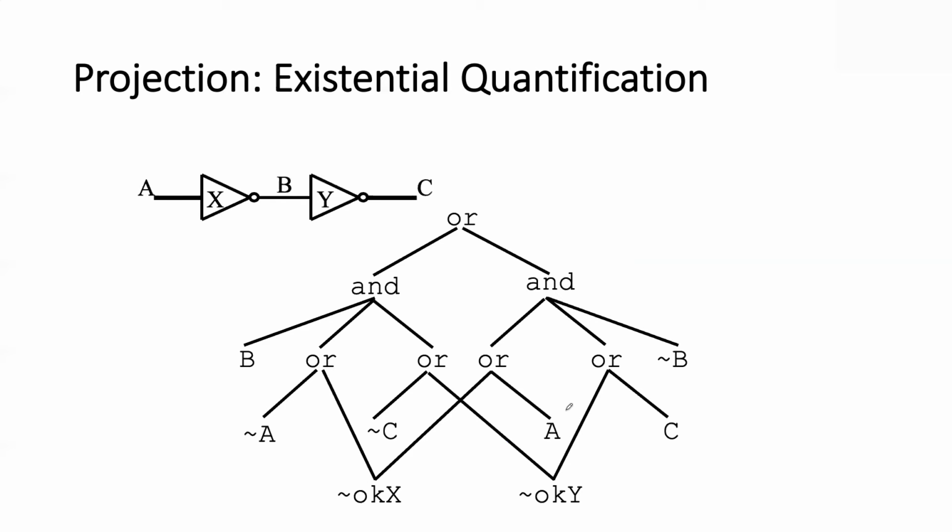Remember, this is a circuit that describes the behavior of this particular device. And let's say I want to project this knowledge base on these three variables, okay? Intuitively, what do you think is going to happen here? This knowledge base describes the behavior of the X inverter and the Y inverter, correct? And if I were to project on A, X, and B, that means I'm existentially quantifying these two variables.